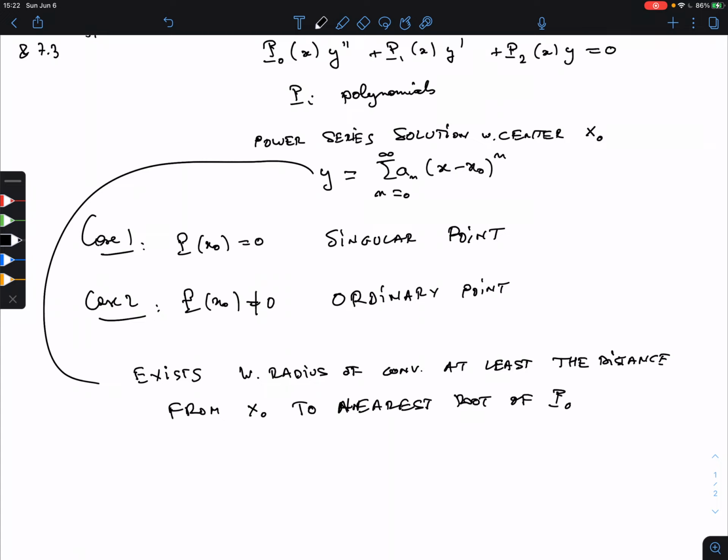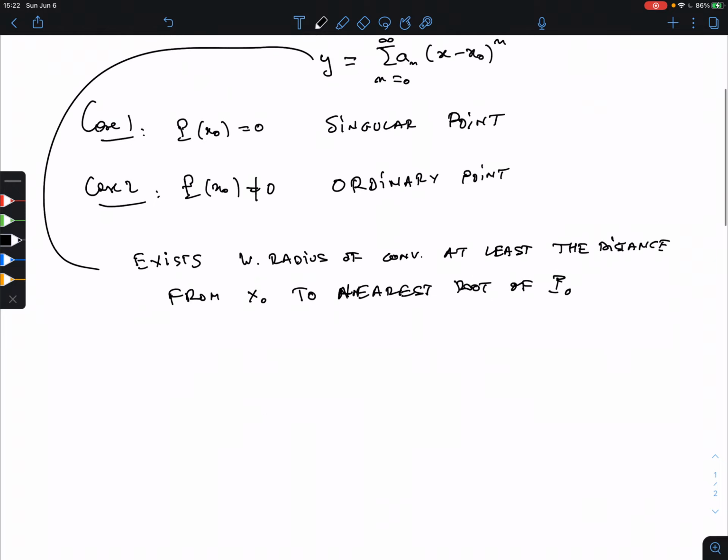Now, we're not going to pay too much attention to what I just wrote, but it is good to know this. So let's take an example here. Suppose we have this differential equation here.